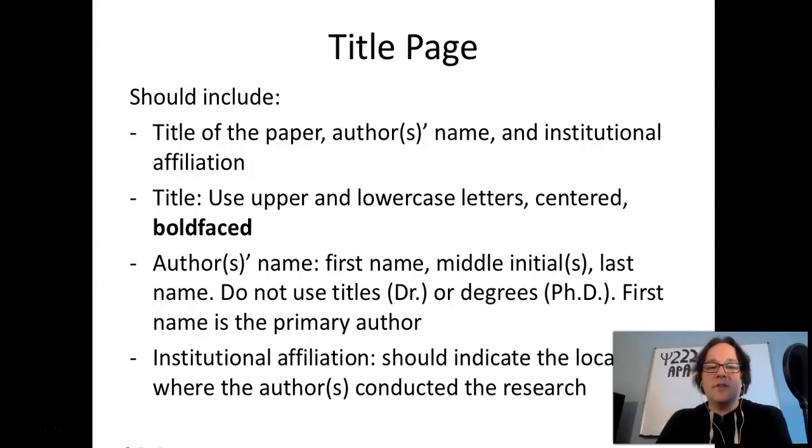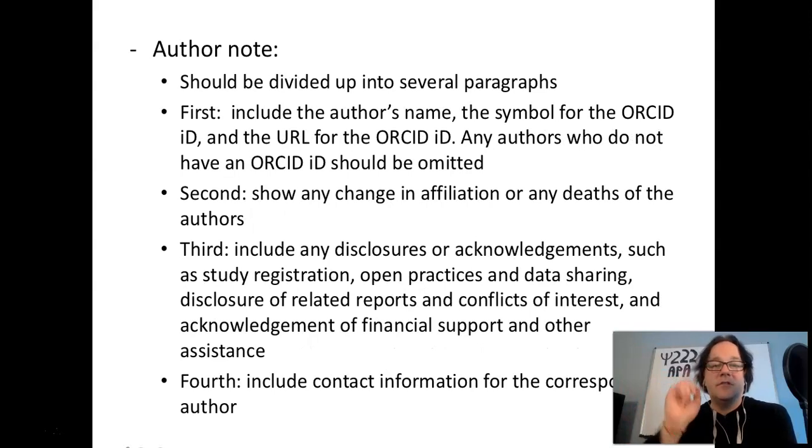The institutional affiliation should indicate the location where the authors conducted the research. So not necessarily where they are now, but where the research was conducted. You could always put in an author's note, which is what we see on the screen now, if there was a change in affiliation.